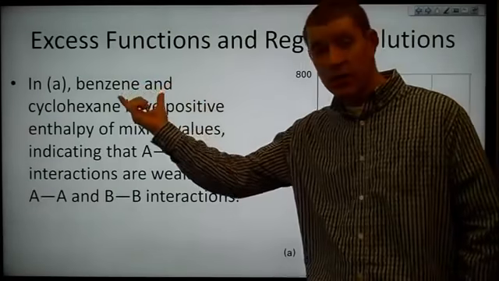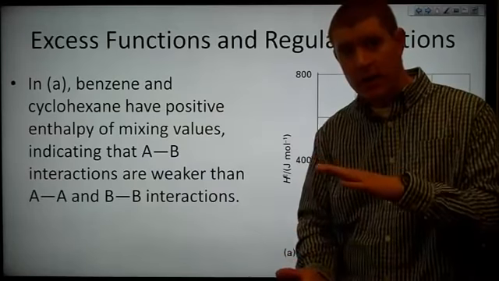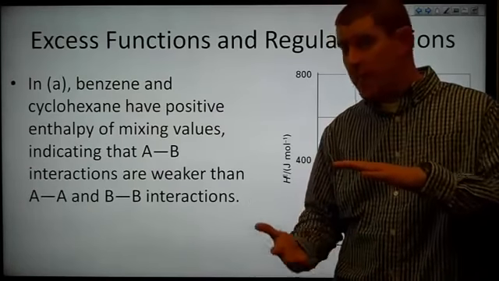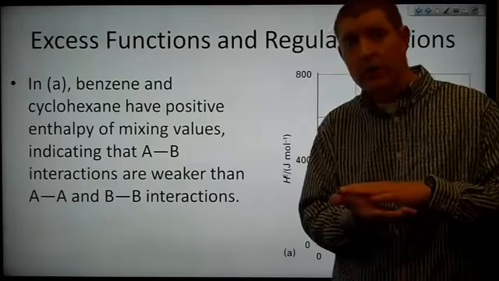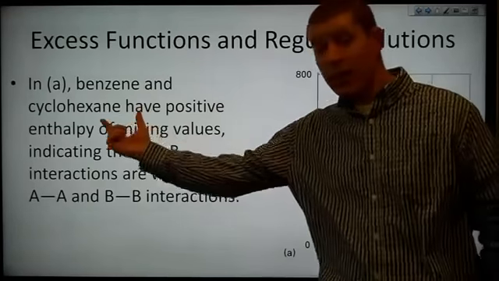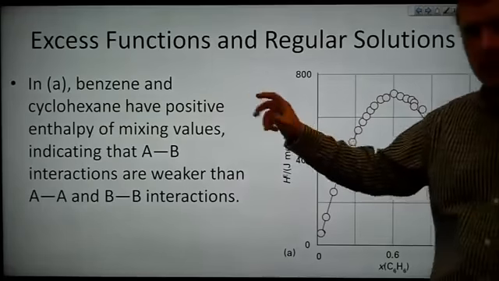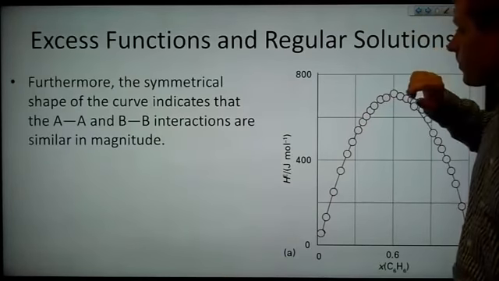Between the benzene molecules, we have that pi stacking. The stacking of the rings allows interactions between the plane of one benzene molecule and the plane of another benzene molecule, whereas cyclohexane doesn't have that pi stacking mechanism.